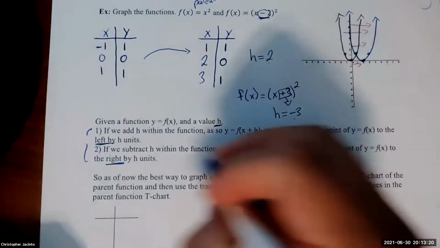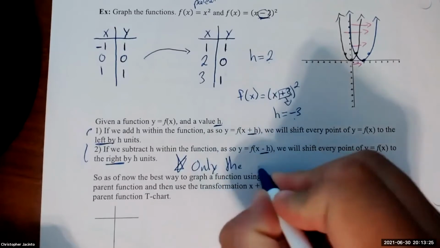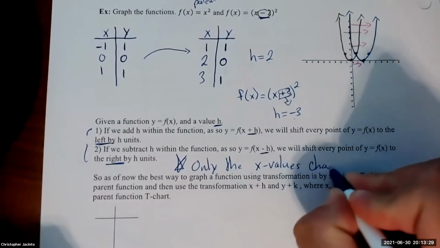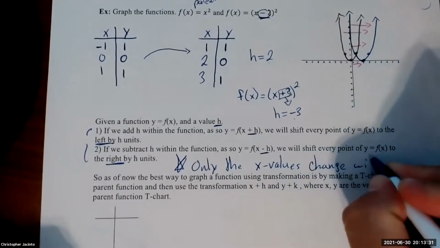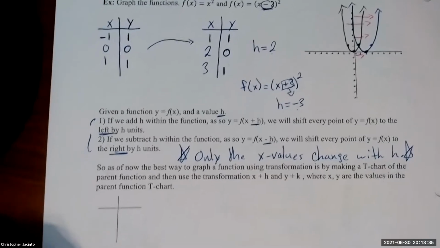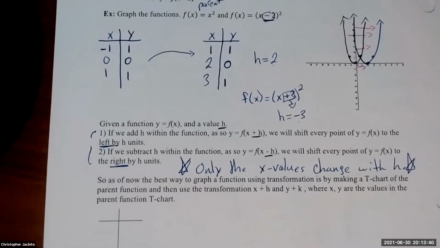So when it comes to this one, only the x values change. Which means each letter represents what changes from which one. So k changes the y values, and h changes the x values.